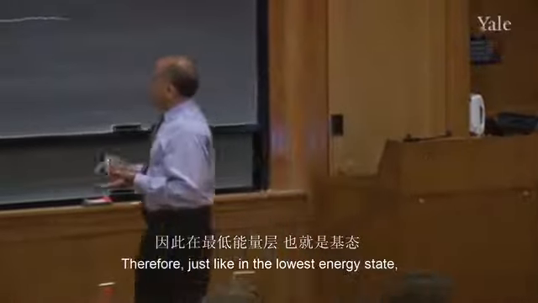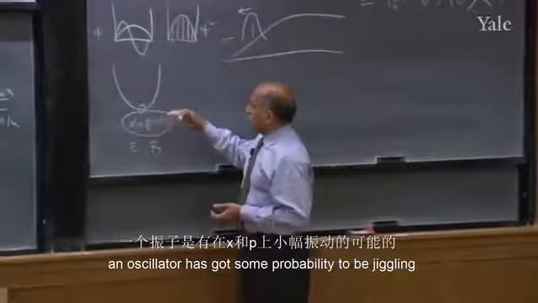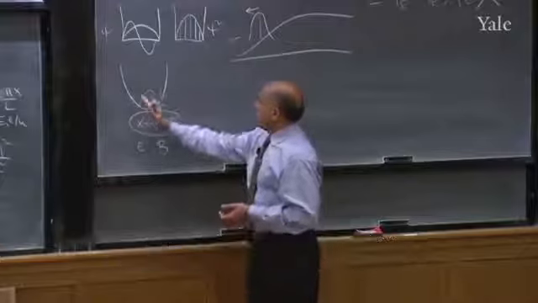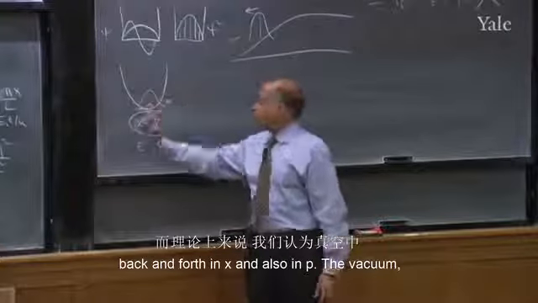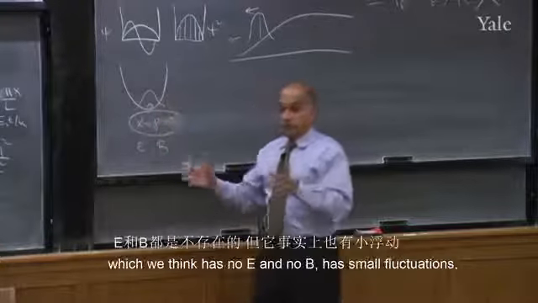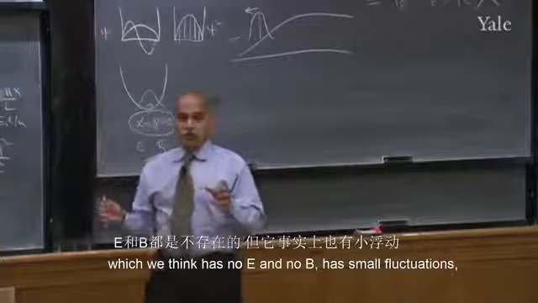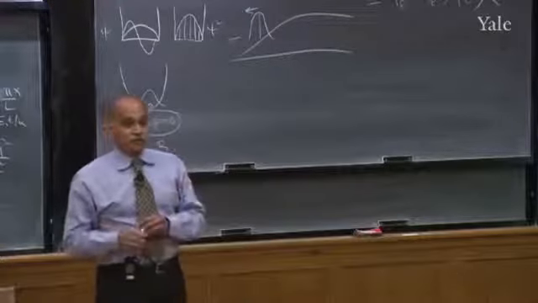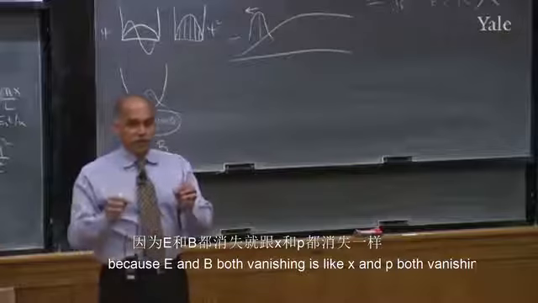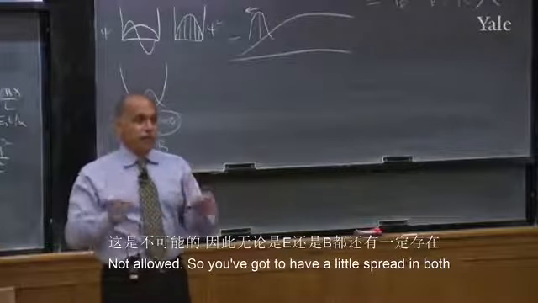Therefore, just like in the lowest energy state, an oscillator has got some probability to be jiggling back and forth in X and also in P, the vacuum, which we think has no E and no B, has small fluctuations. Because E and B both vanishing is like X and P both vanishing, not allowed.